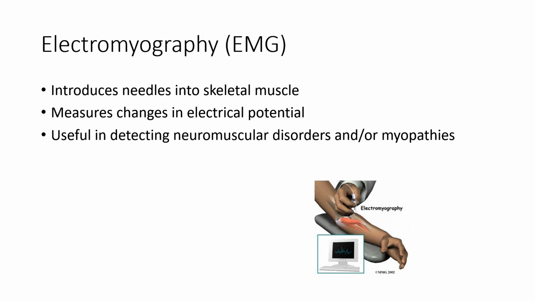Now, after a patient has an EMG, they will have some achy muscles. They will feel like they've exercised a lot because the stimulus running through these probes has basically exercised their muscle. So they may have some achiness after the procedure.